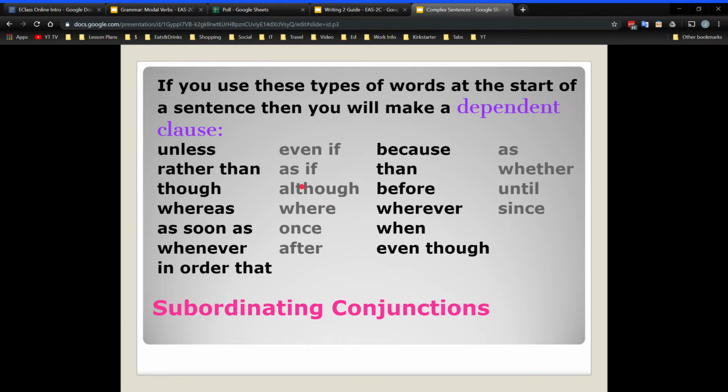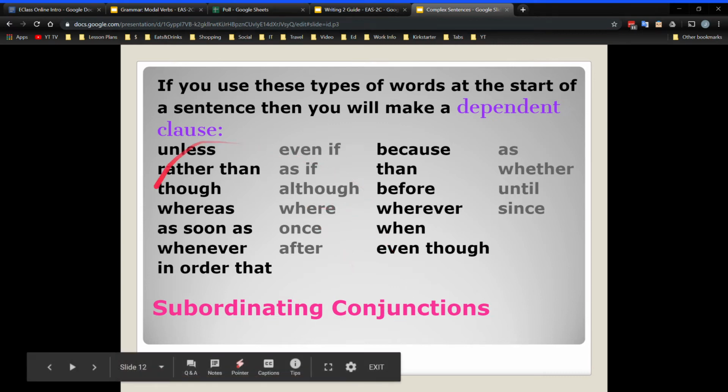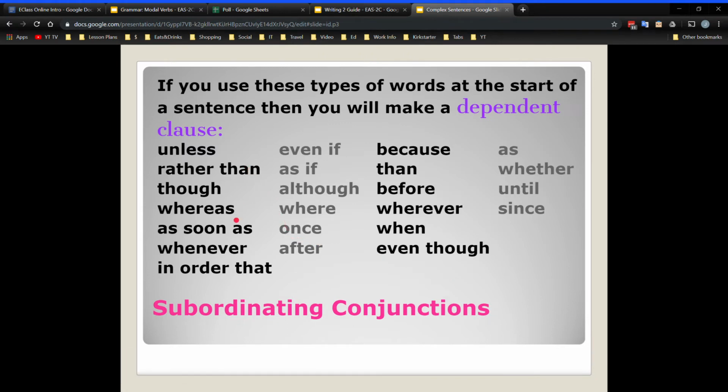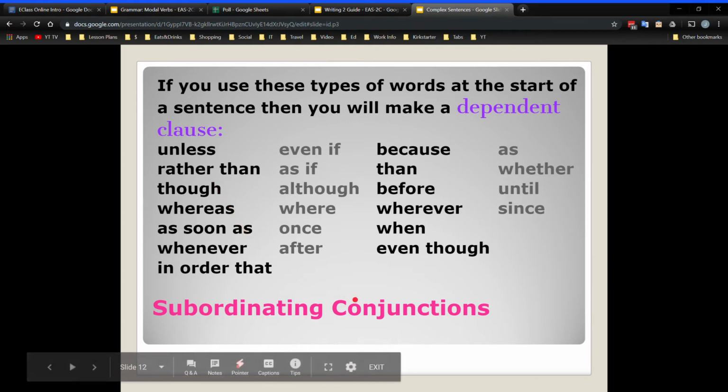It's almost like a compound sentence. So you don't need to remember all of these. It's helpful to know quite a few, but just be aware. You can always come to eClass and download this PPT, which actually is a good idea for this assignment. Go back and try to see if you can use new ones. Always try to use new subordinating conjunctions. That way you get better at using them, and you might learn a few.